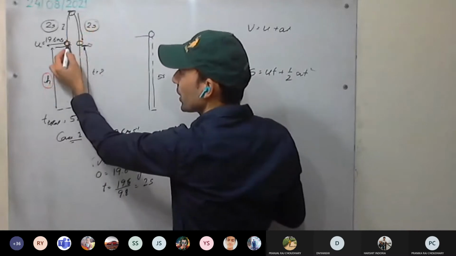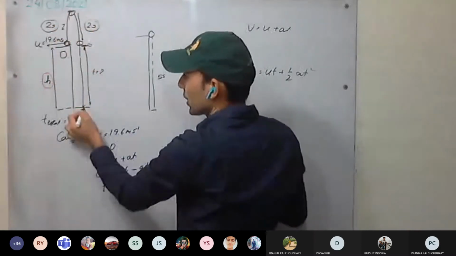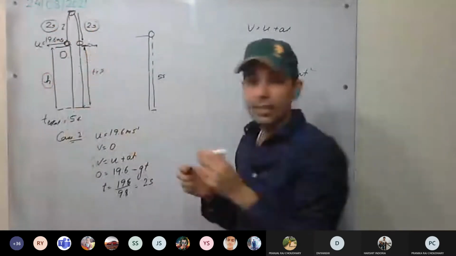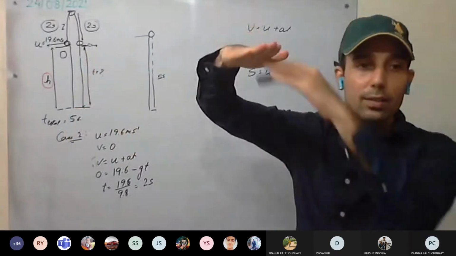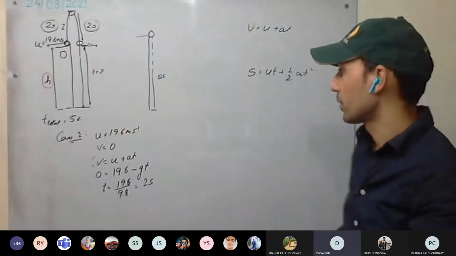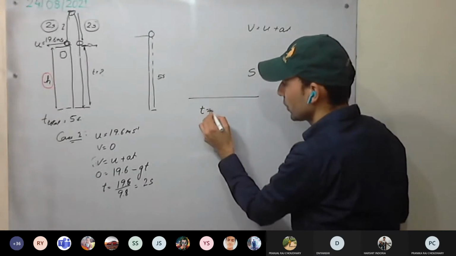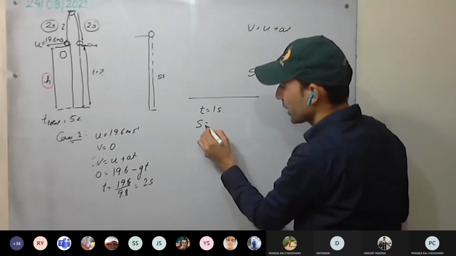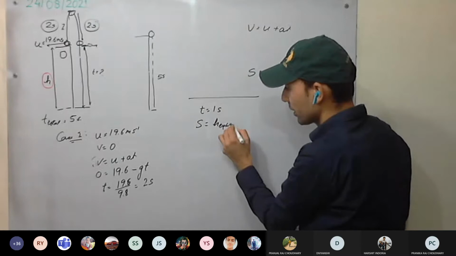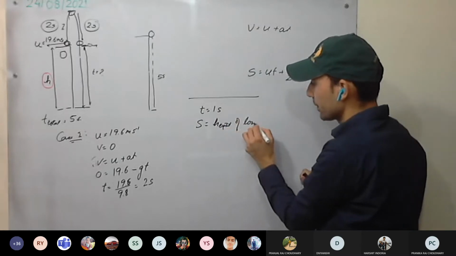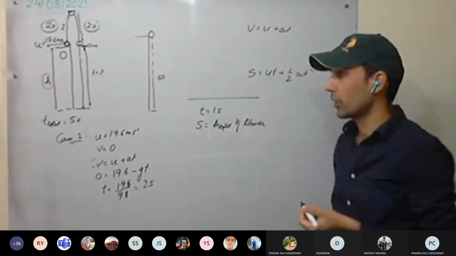Total time given to reach the ground is 5 seconds. So how much time will the ball take for the remaining part? 1 second. So if we take t equal to 1 second, S will be nothing but the height of the tower. Which formula are you going to use?